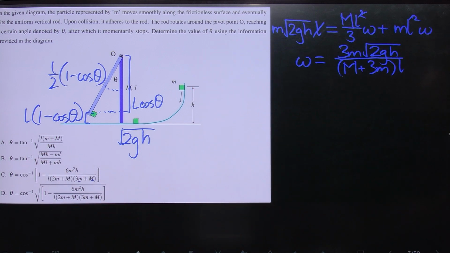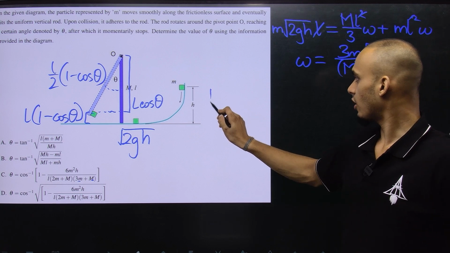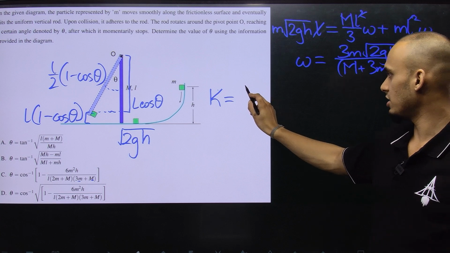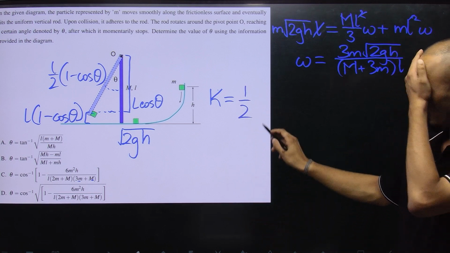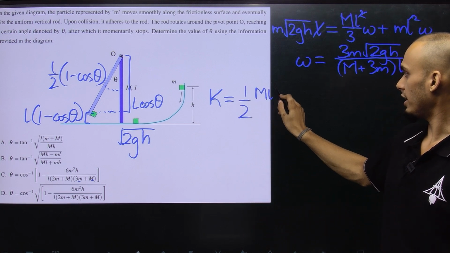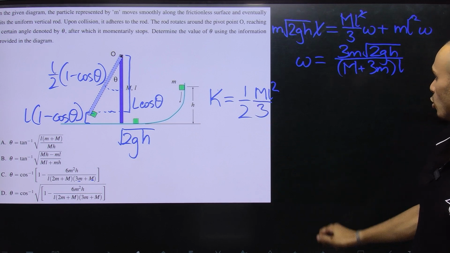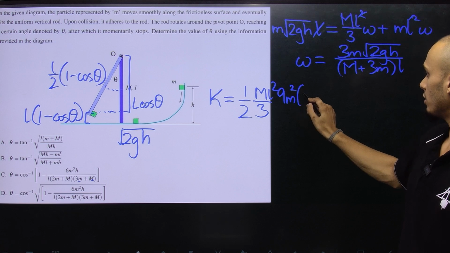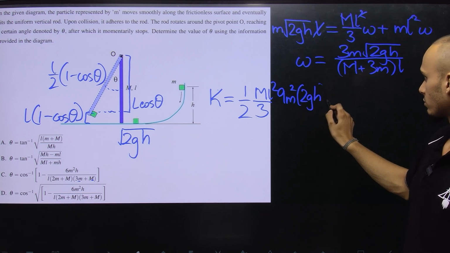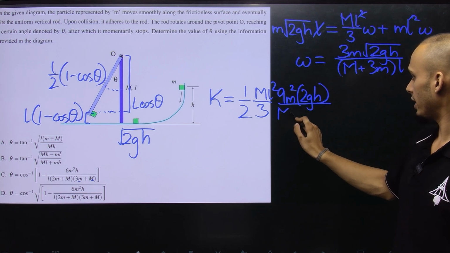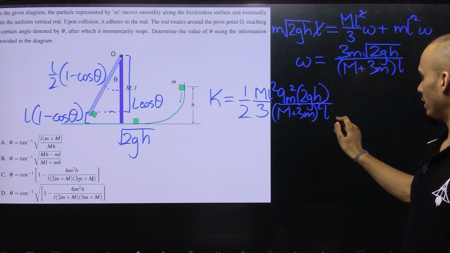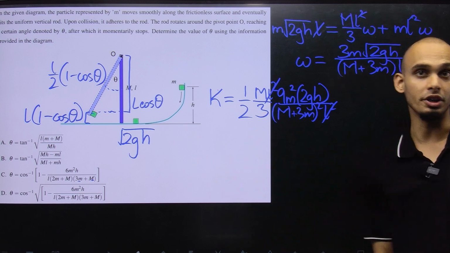And now if we calculate the kinetic energy of the system after collision, then it will be just the rotational kinetic energy: half into moment of inertia of the rod, which is mL square by 3, into omega square. We can simply square this: 9m square into 2gh upon capital M plus 3 times small m whole square into L square, which will cancel the L square in the numerator.